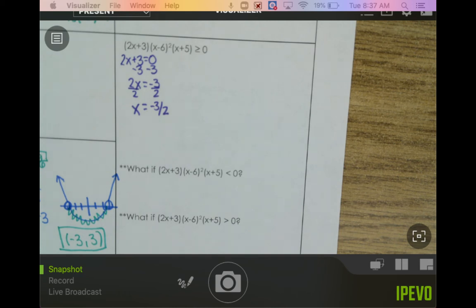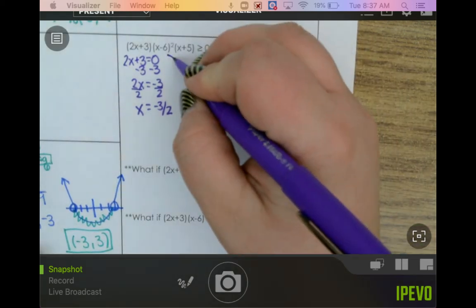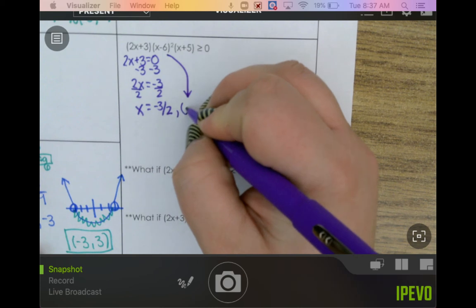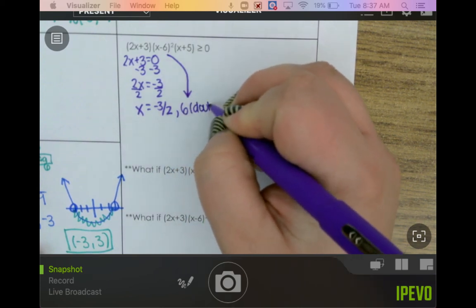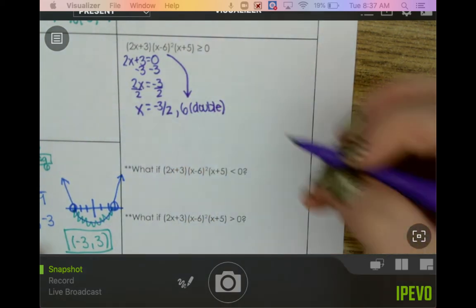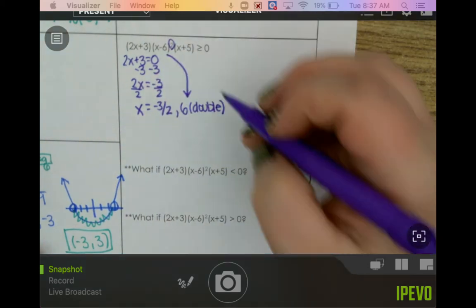Okay, and then this one's going to be 6, but it's a double because it's got the squared on the outside. And -5.